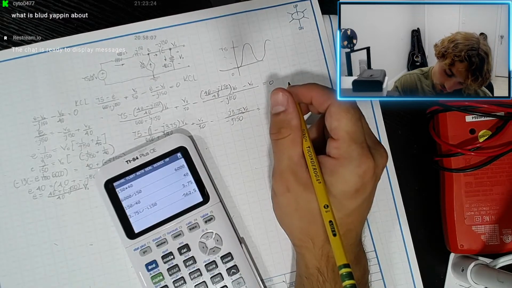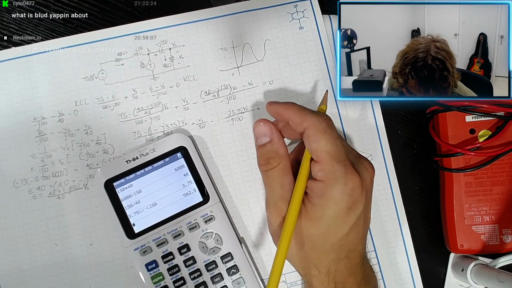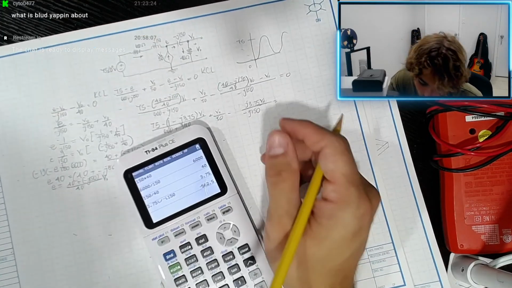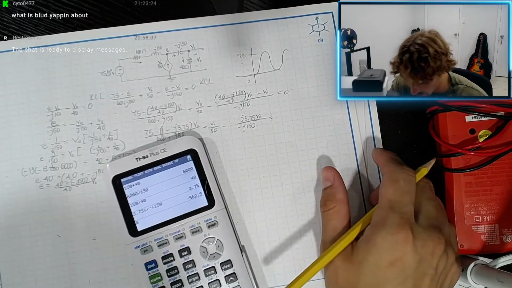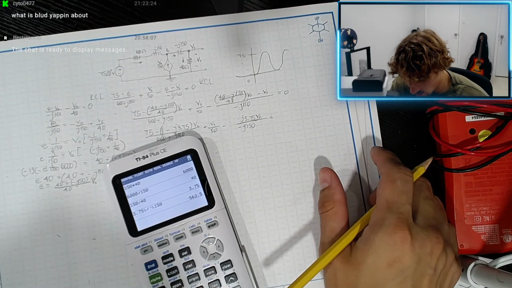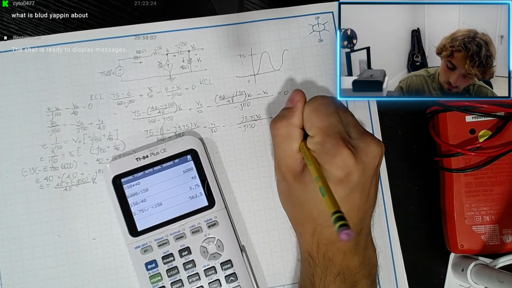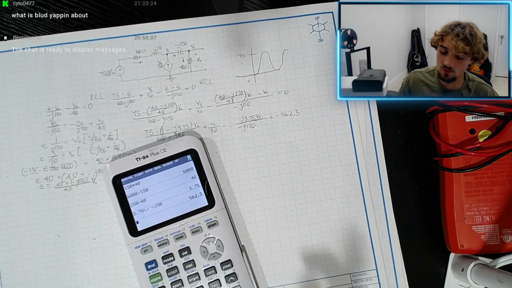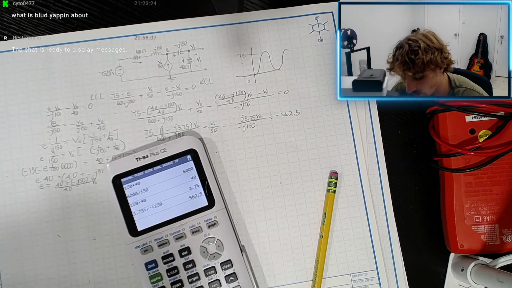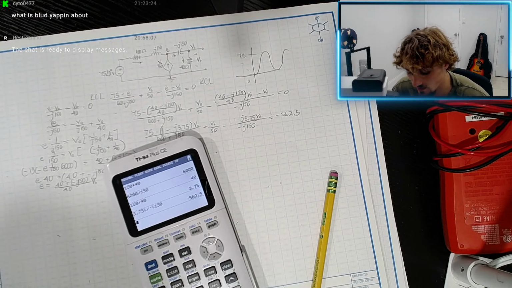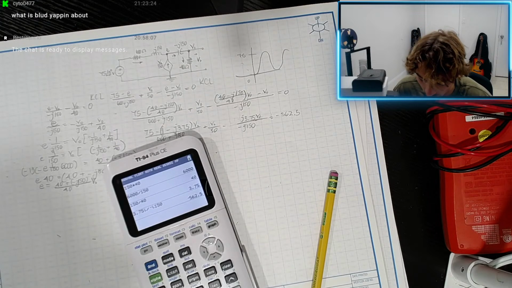Wait, what? Wow, why is it so much? That's crazy. Why is it so much? I literally did 3.75 divided by 150. But of course, right, the imaginary numbers are in there, but 562.5?